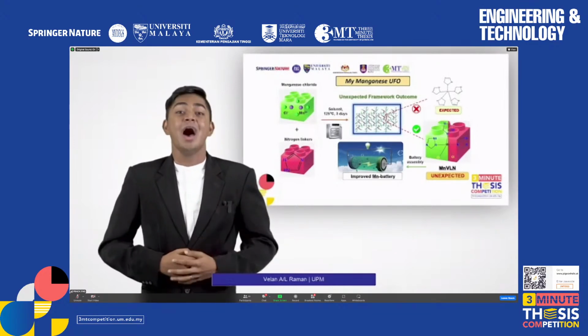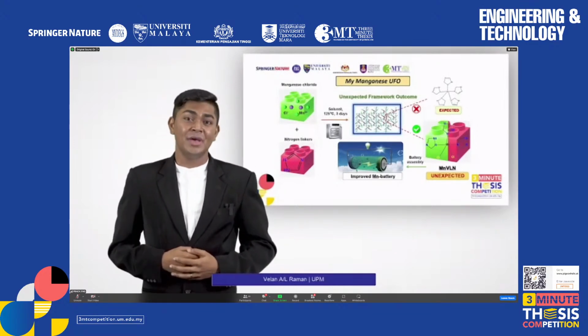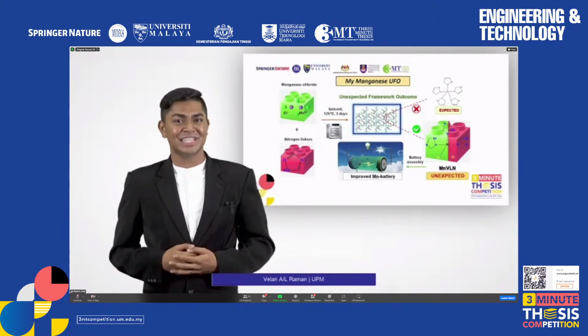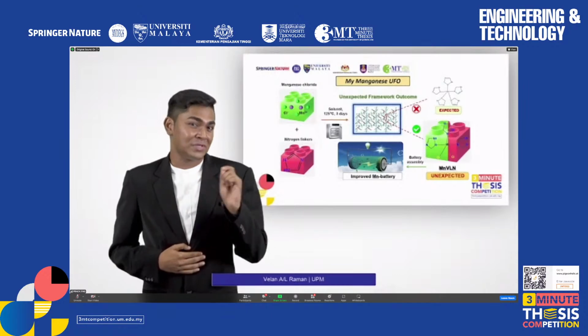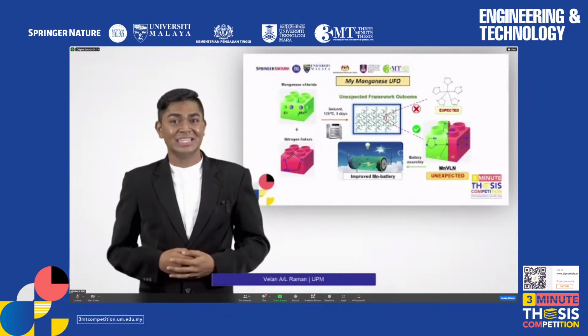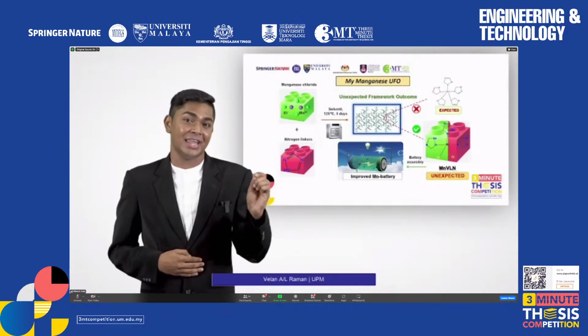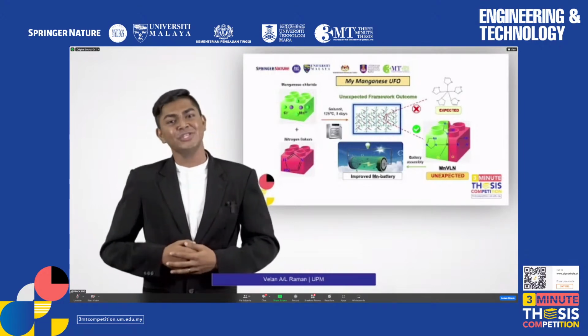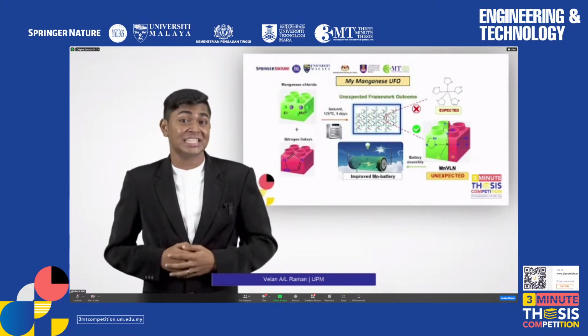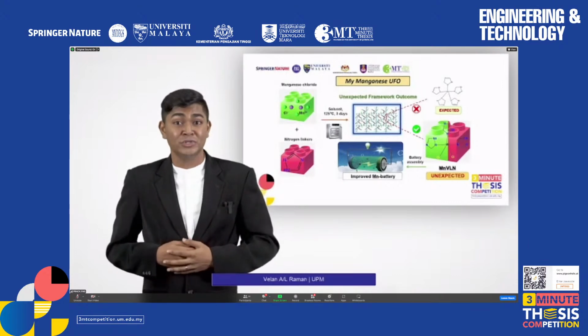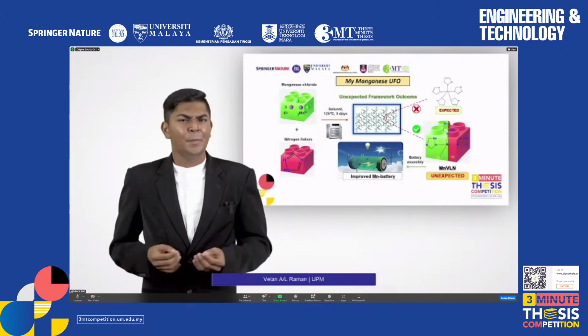This was my UFO, unexpected framework outcome. It turned out to be a beautiful synthesis with a unique repetitive arrangement never before seen. And I have named it MnVLN. My research unexpectedly showed that chloride can function as a linker to possibly produce even more UFOs.